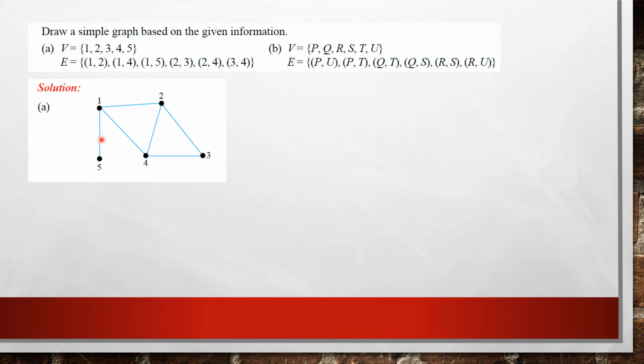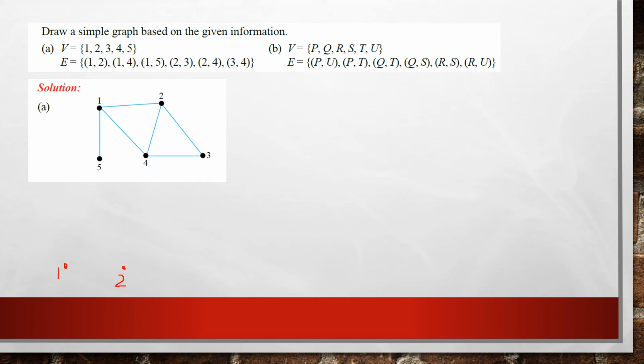Here, the answer doesn't mean you have to follow this answer. You can have any choice of answer. For example, your vertex 1 can be here. You can write here 1. Your 2 can be here.